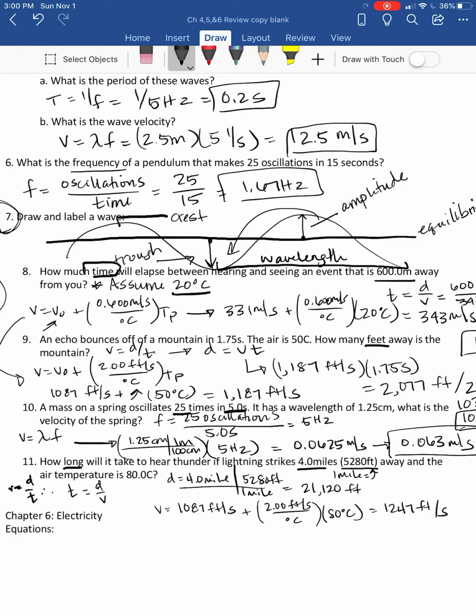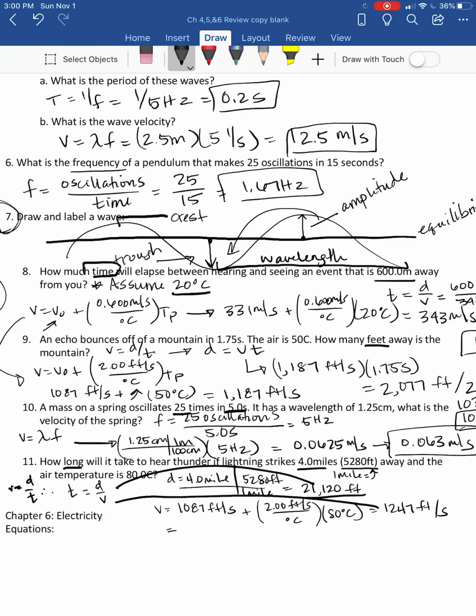Okay, so now you just take your 21,120 feet divided by this 1,247 feet per second. So distance is your feet versus velocity. So you end up with 17?